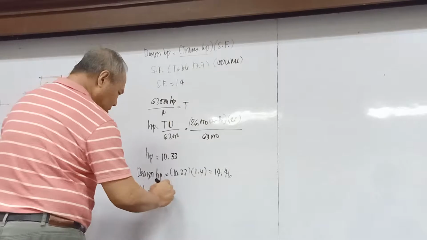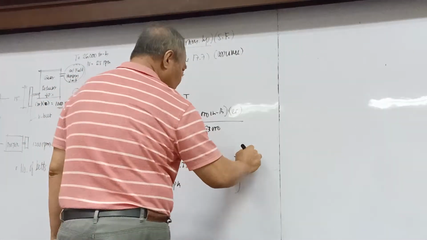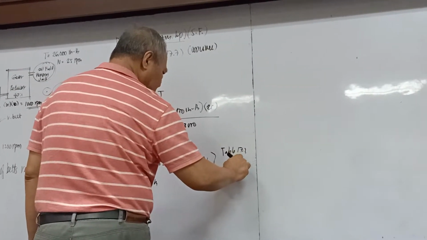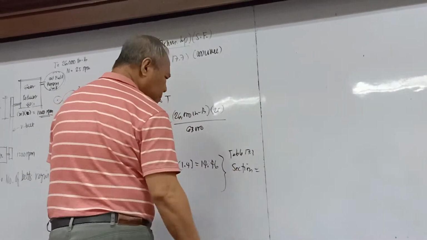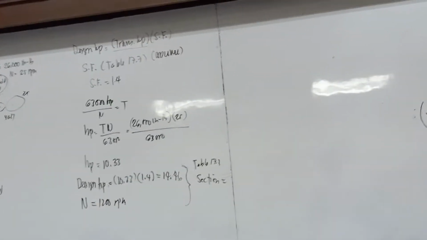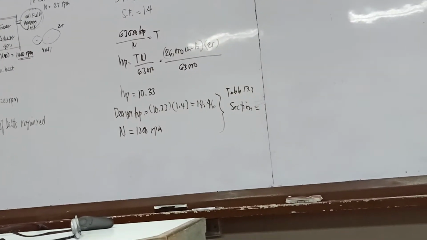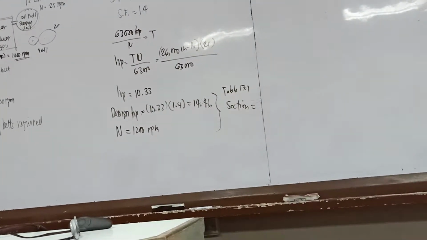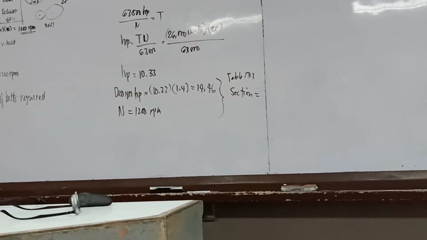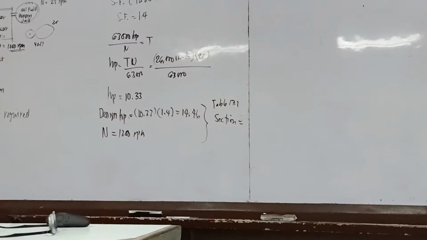Now, if this will be my 1,000 RPM, using now figure 17.14, what will be the section of the belt? With 14.46 horsepower and 1,000 RPM, what will be the section of the belt?